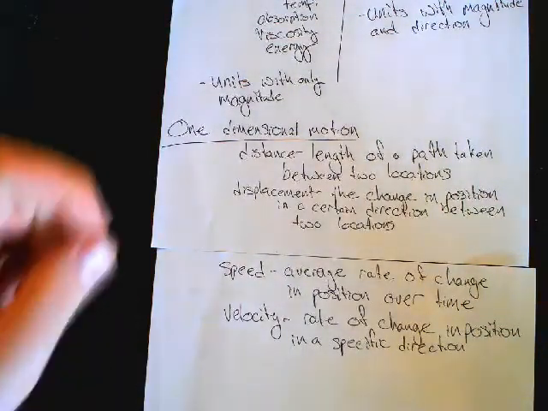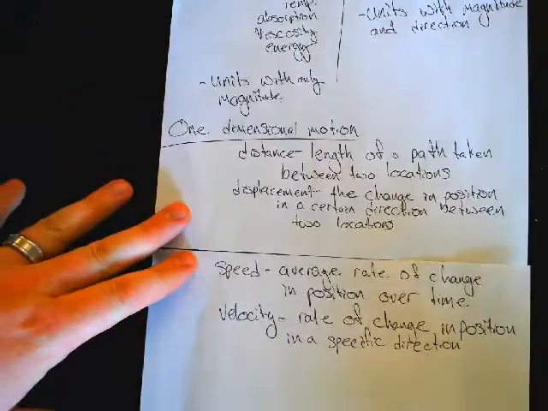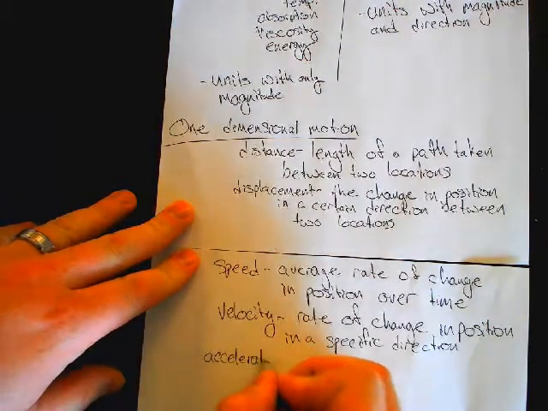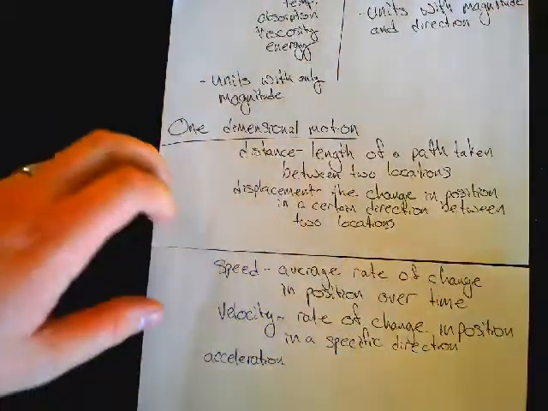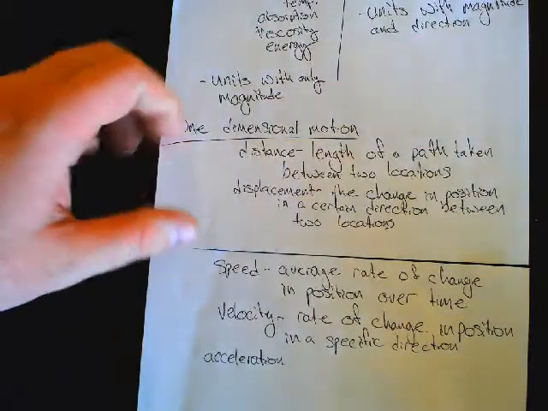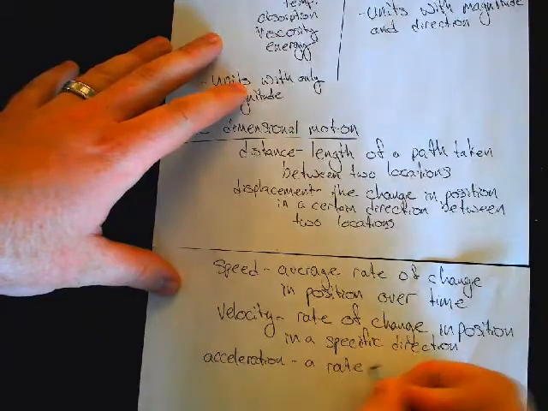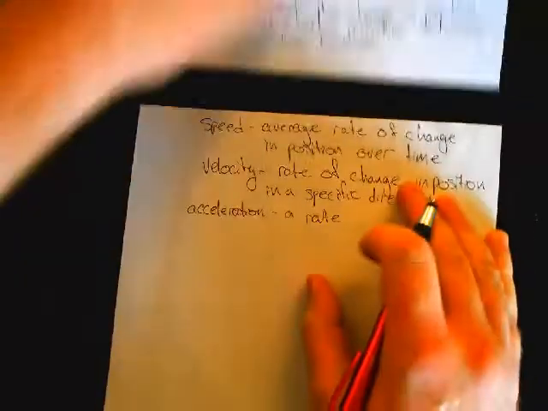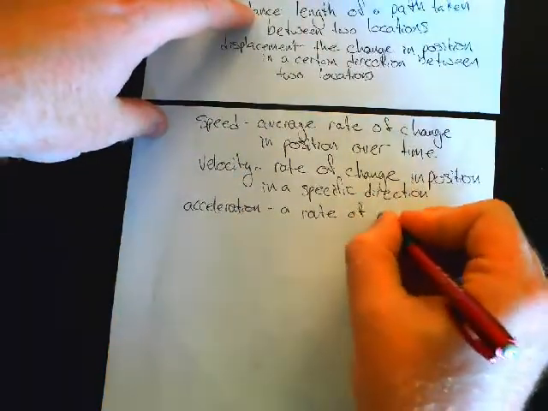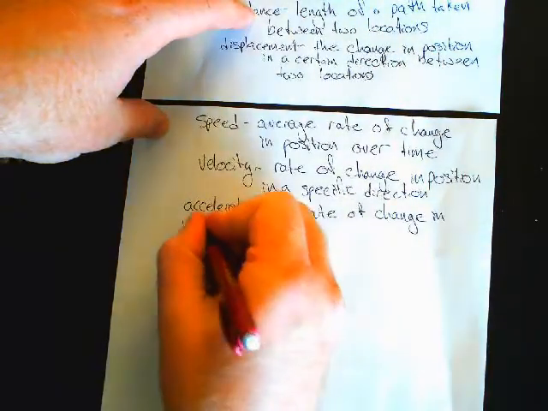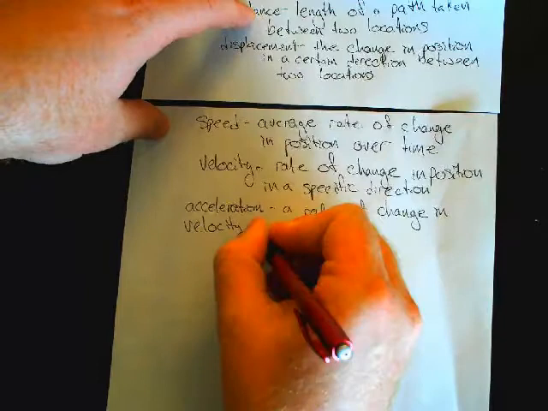And since we've got definitions, we're going to go ahead and get our fifth one in here, acceleration, which is the rate of change in velocity over time.